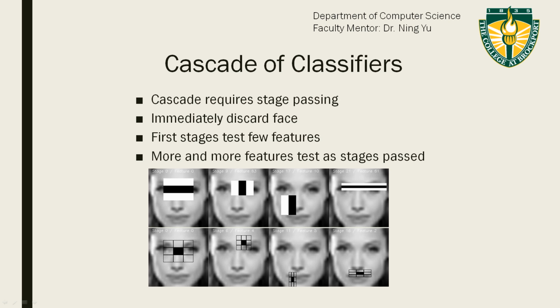At stage 1, there's really this huge general block, and it might be only 1 or 2 features. In this case, it's just feature 0, and stage 9 here is feature 83, which means every stage you're increasing the number of features. So if at stage 0 it's not a face at all, you can immediately stop computation. You don't even have to keep trying to go through the other stages.